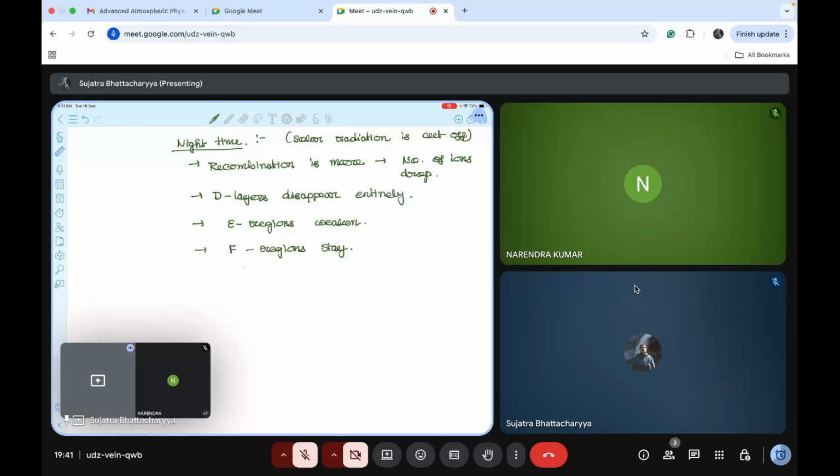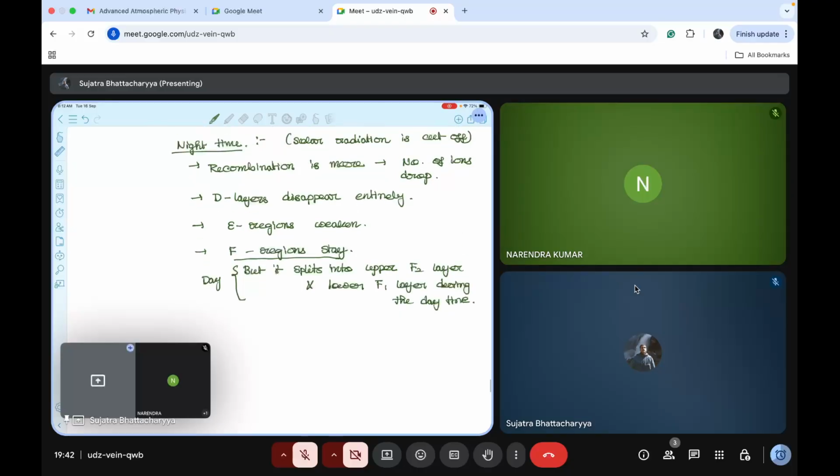Okay, but it splits into upper F2 layer and lower F1 layer during the daytime. At the night time it is a single layer, but at the daytime, this is also a property of day, it splits.